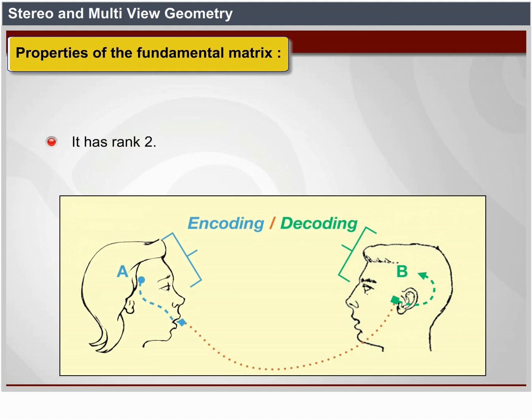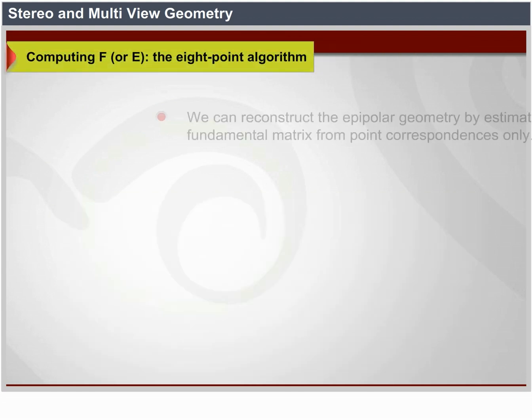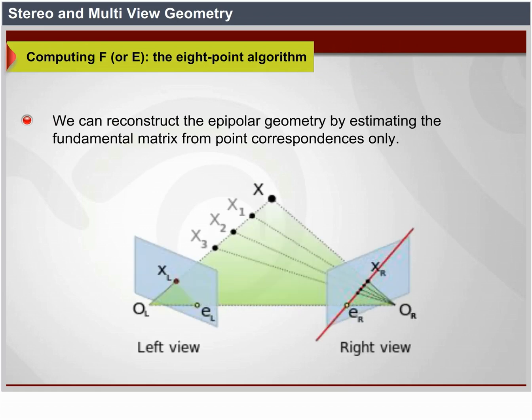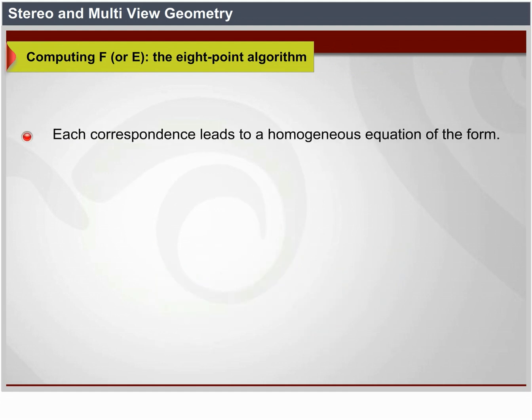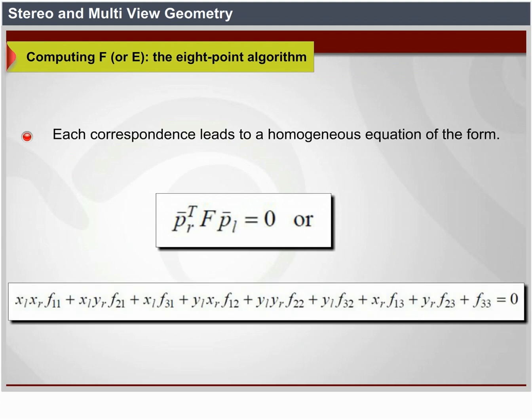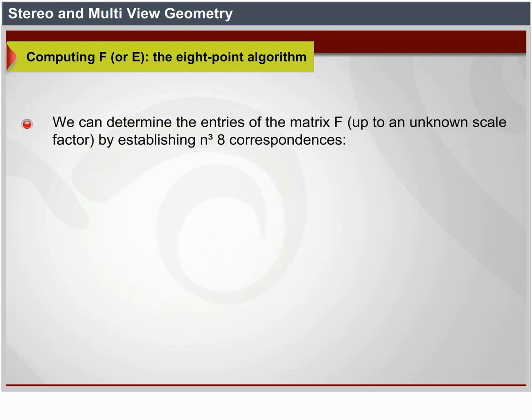Computing F or E: the 8-point algorithm. We can reconstruct the epipolar geometry by estimating the fundamental matrix from point correspondences only. Each correspondence leads to a homogeneous equation of the form shown on the screen. We can determine the entries of the matrix F up to an unknown scale factor by establishing n greater than or equal to 8 correspondences. Ax equals 0.